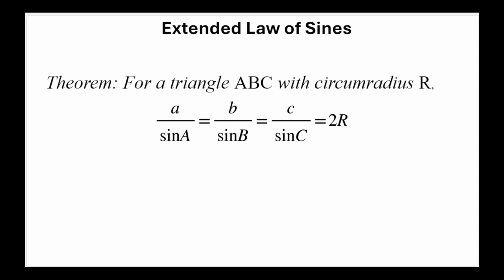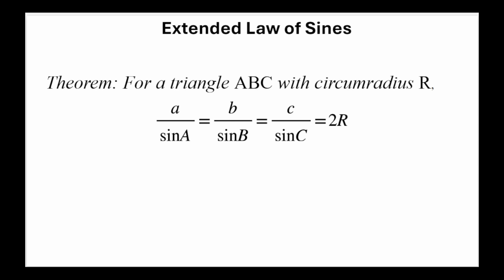For example, if the angle is capital A, then its opposite side will be BC and it is denoted by small a. So we will prove in this lecture the extended law of sines, that is a upon sine A is equal to b upon sine B equal to c upon sine C equal to 2R.